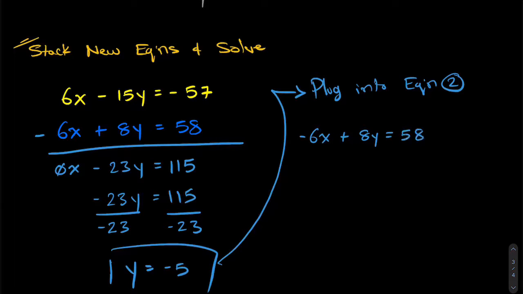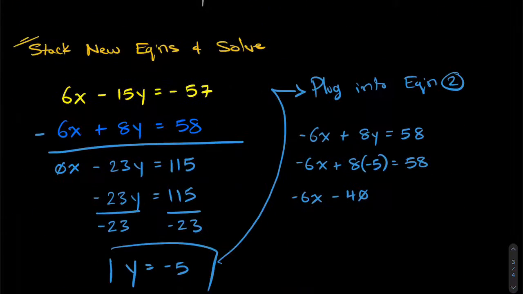So we got 6x plus 8 times negative 5 equals 58. What's 8 times negative 5? Minus 40 equals 58.